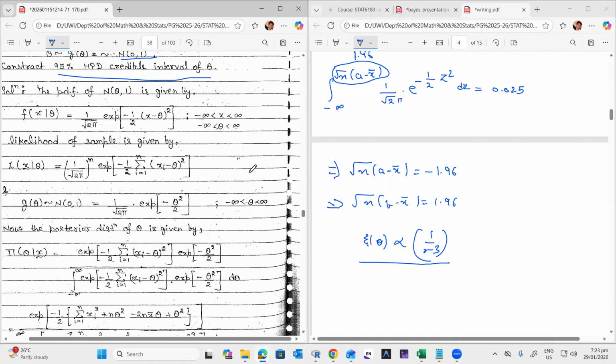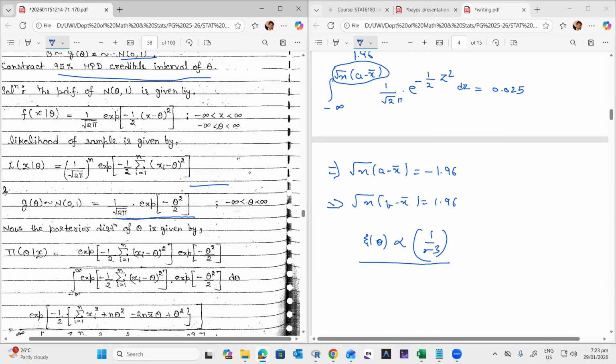See, the likelihood will remain the same. Now the prior density will be 1 upon root 2 pi e raised to the power minus theta square by 2, right? Because we are taking mean 0 and variance 1, so the hyperparameter mean value will be 0.